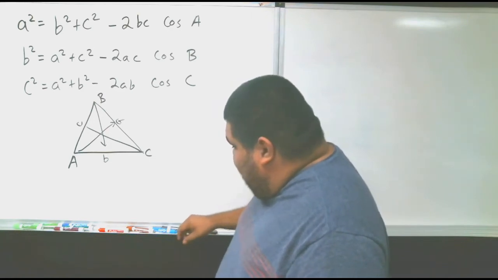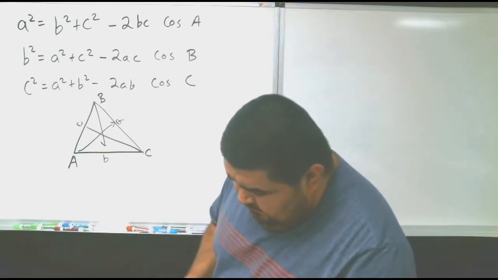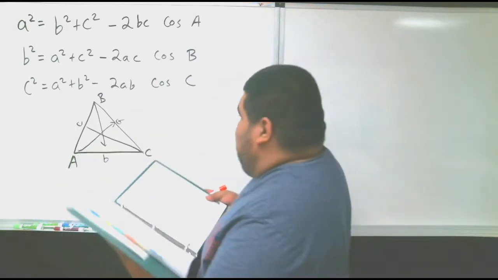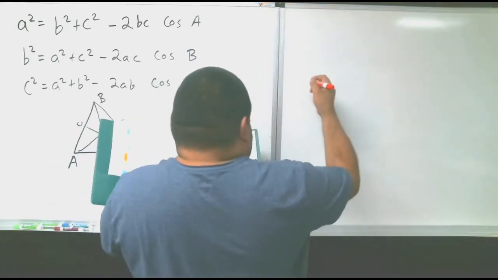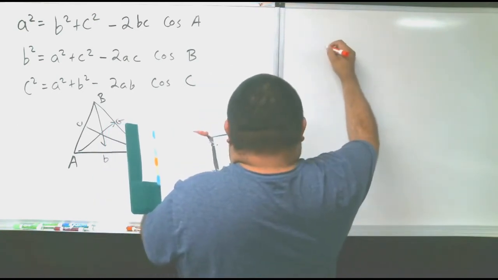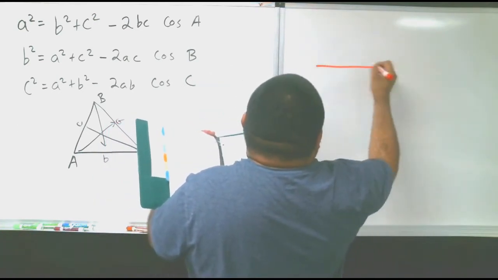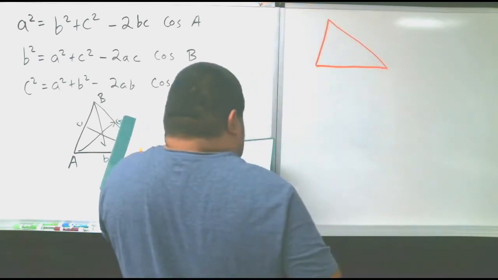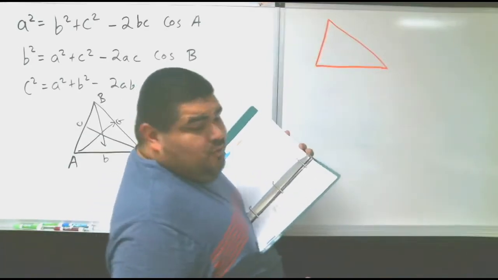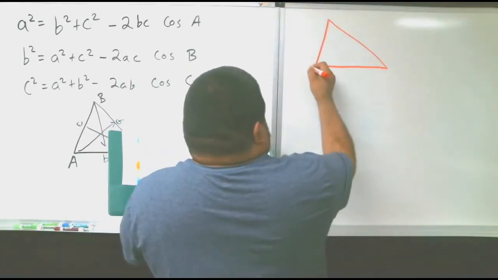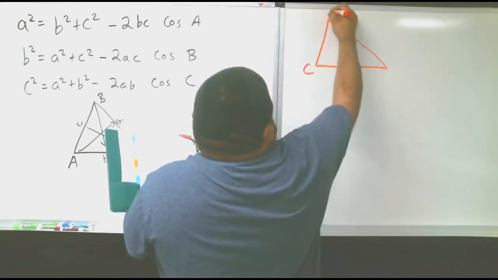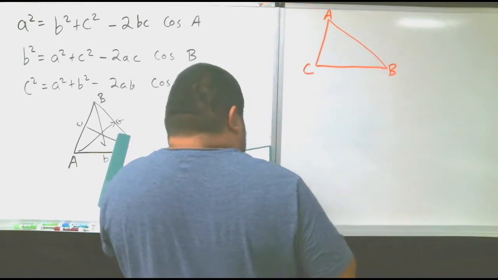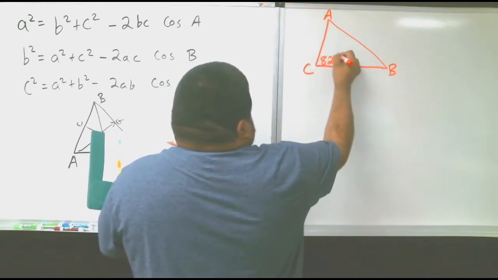So here's our example for today. We have a triangle with vertices C, A, and B. Angle C has 82 degrees.